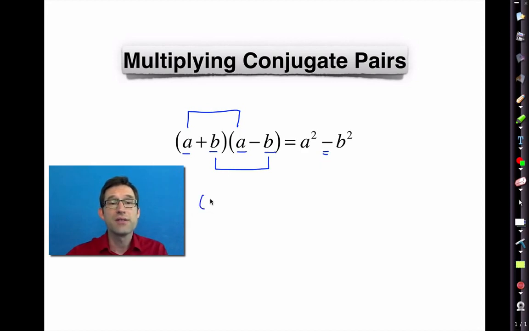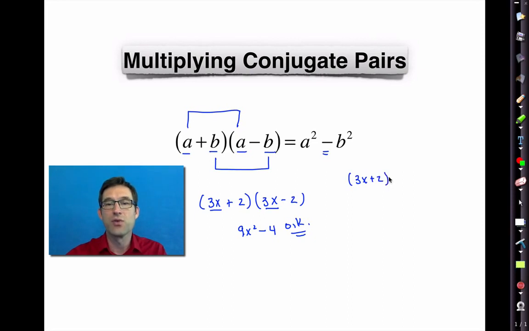So you can definitely say something like, well, if I have 3x plus 2 times 3x minus 2, it's okay to do 3x times 3x and get 9x squared, and do 2 times negative 2 and get negative 4. That's okay. All right? But what would not be okay is if you had 3x plus 2 times 2x minus, let's say, 5.